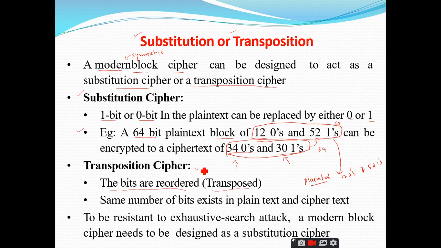So if you apply this transposition cipher and you get the cipher text, tell me how many zeros are there and how many ones are there in the cipher text.